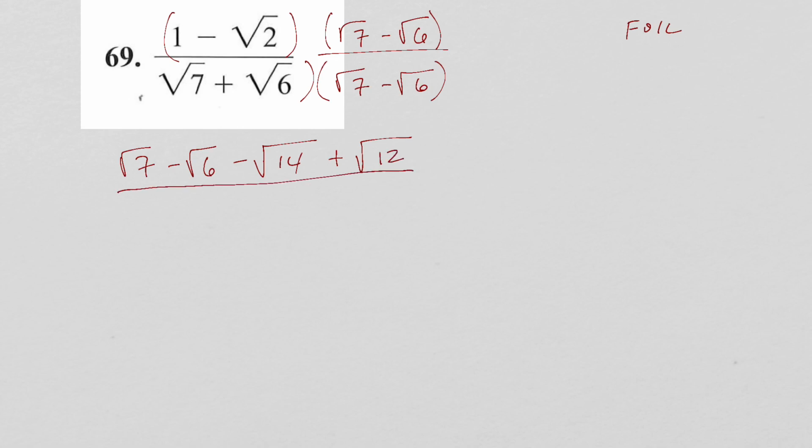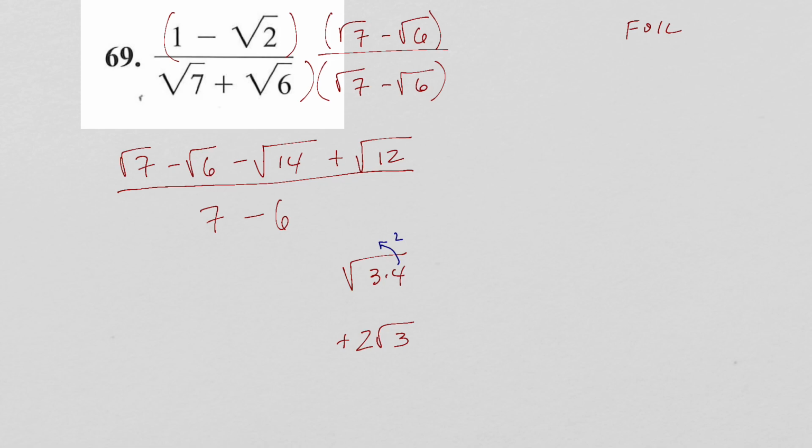In the denominator, when you multiply conjugate pairs, it's the square of this, which is 7, minus the square of this, which is 6, and that's going to be a 1, so the denominator is going to disappear. Now, I need to rewrite this, root 12, as root 3 times 4, and then I take out the 4 and it becomes a 2, so that last term becomes a 2 root 3.